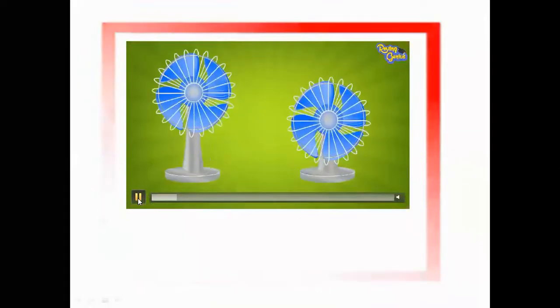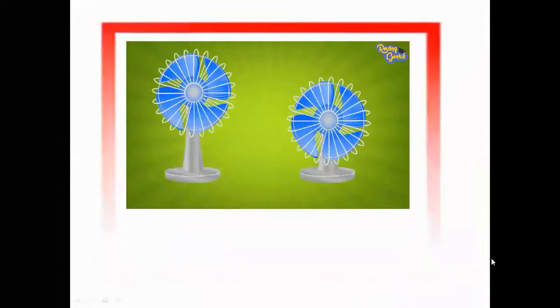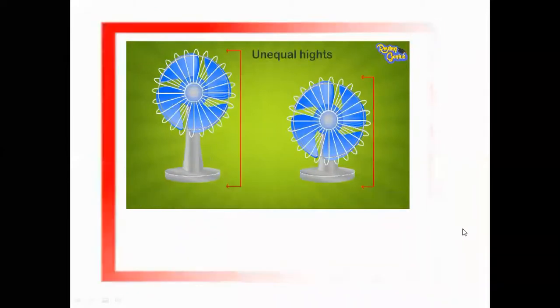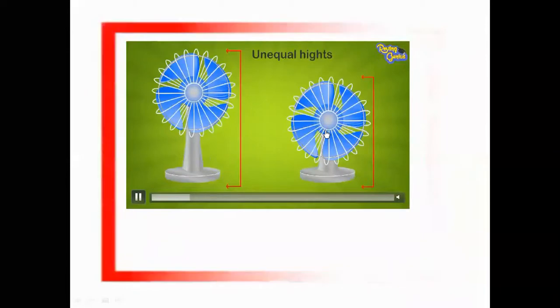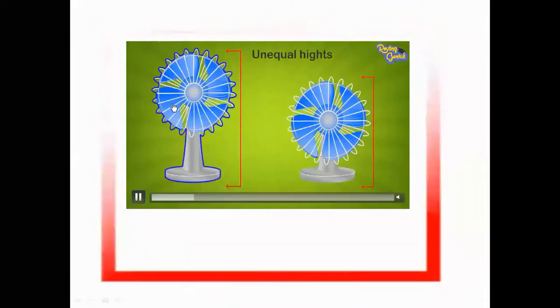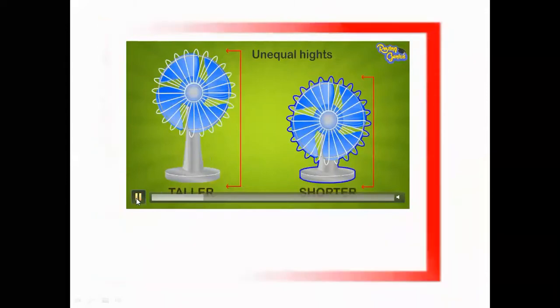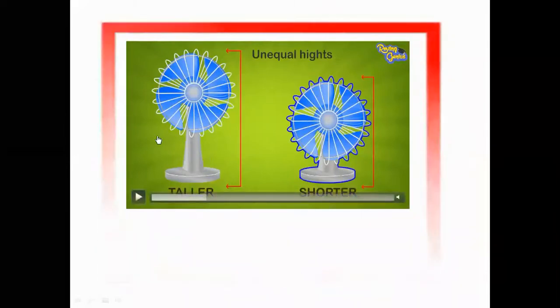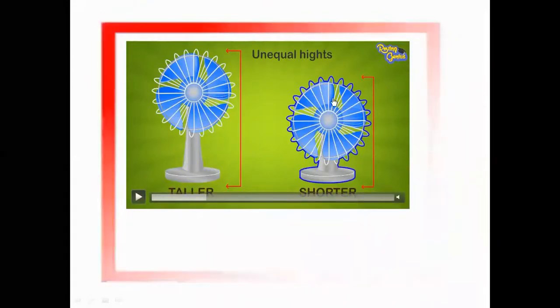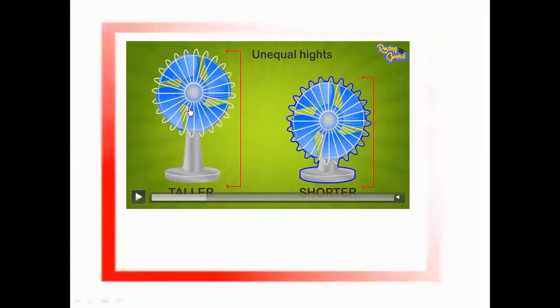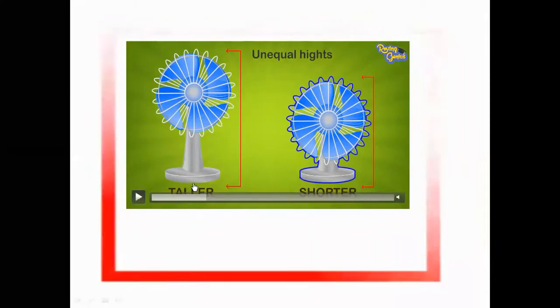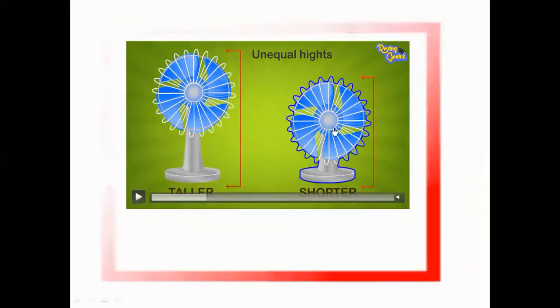Let's compare some more objects to learn about taller and shorter, the unequal height of objects. Look here, when we are talking about taller and shorter, we are just comparing objects of unequal height. Now look here, there is a picture of two fans. This one is taller and this one is shorter.